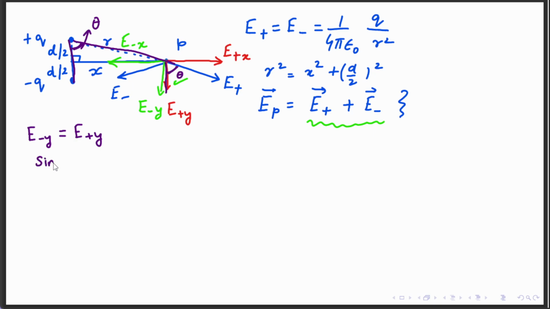So here sine theta will be given by x by r, and cos theta will be given by d by 2 divided by r. From the triangle, it is clear that since only the vertical component contributes, E plus y will be given by E plus y is equal to E plus cos theta.